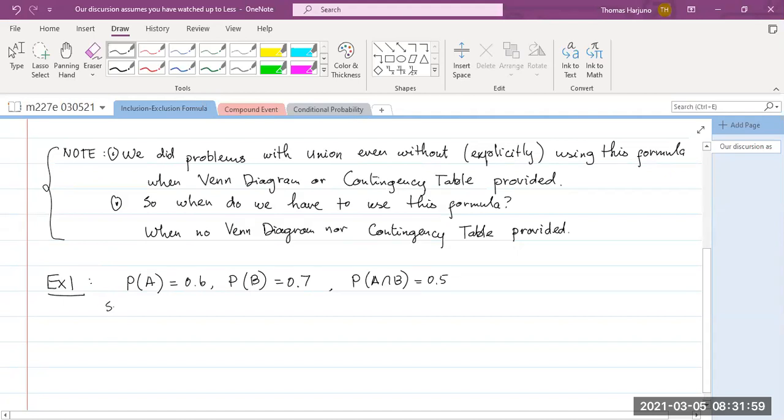Okay, so solution. The question is to find the probability of the union. Then the way we do it, write down the formula first though. Probability of A union B equals probability of A plus probability of B minus probability of the intersection.